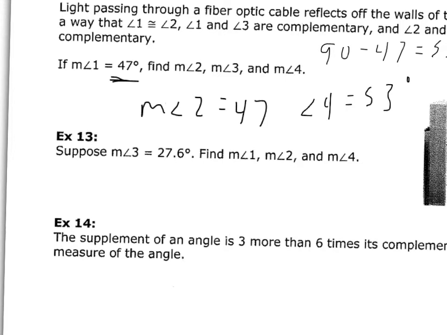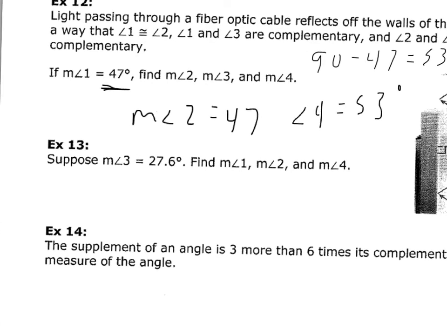Up top it says that measure angle 1 and measure angle 3 are complementary. So let's go ahead and take our 90 and subtract 27.6, and we're going to get 62.4, and that's going to be our measure angle 1.